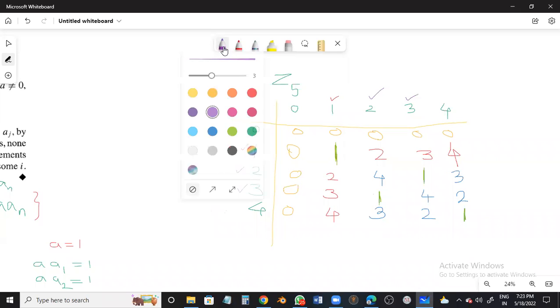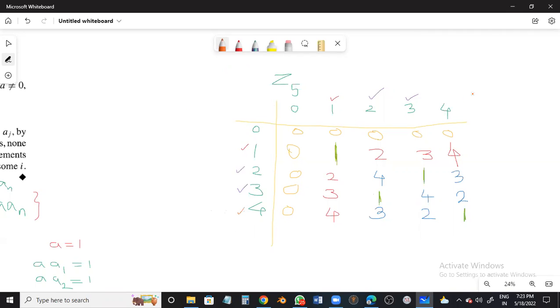And what about 4? 4 is the inverse of itself. 4 4 is 1. So every non-zero element is invertible. So Z5 is a field.